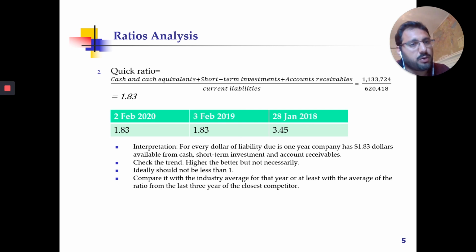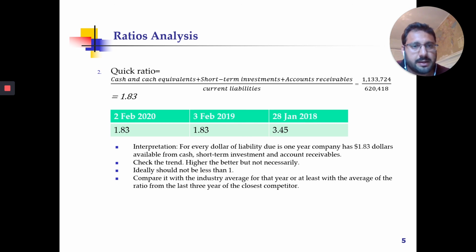Then you have accounts receivable. Most probably the company will be able to collect their receivables and convert them into cash. So cash and cash equivalents plus short-term investment plus accounts receivable, if we take them in the numerator and divide by the current liabilities, we get the quick ratio.